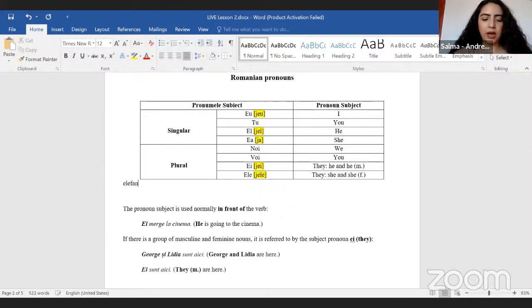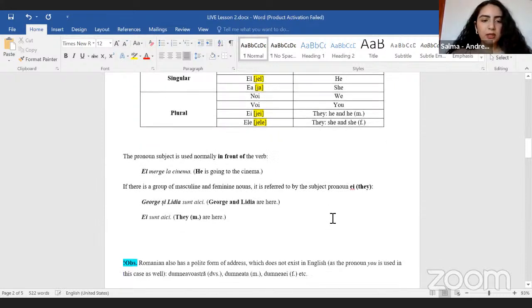For example, if we have the word elefant, which is elephant, we will never ever pronounce it with a Y. It's elefant. The E sound is very well pronounced without adding anything to it. So there are just a few words, and once you learn those, you will never make the mistake of reading other words incorrectly.